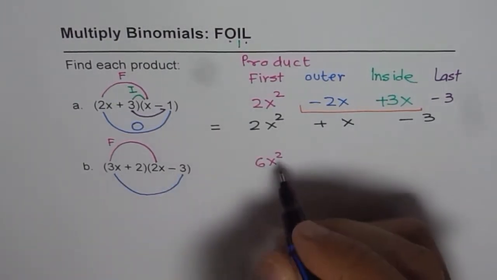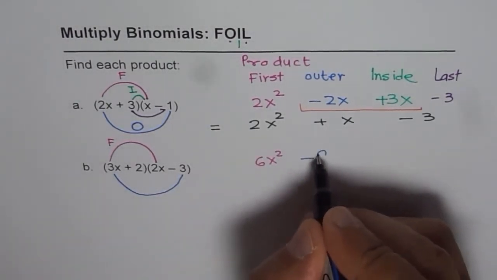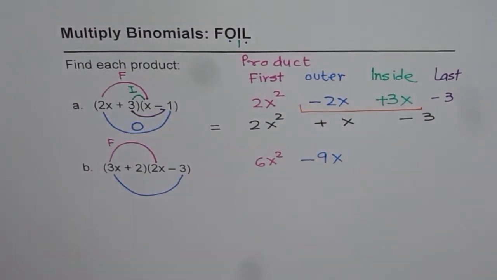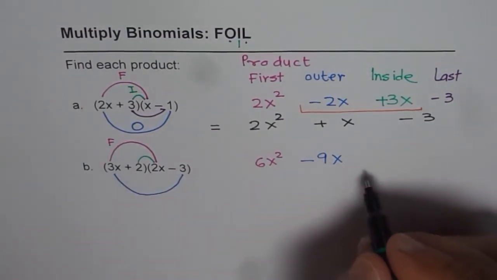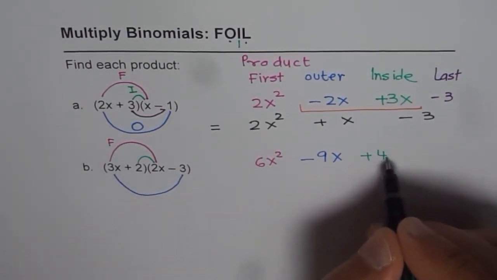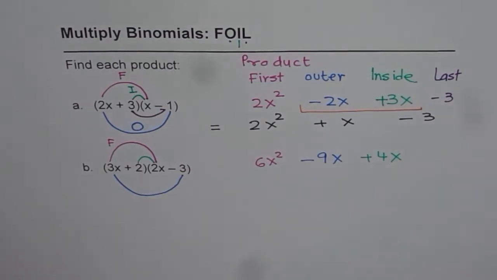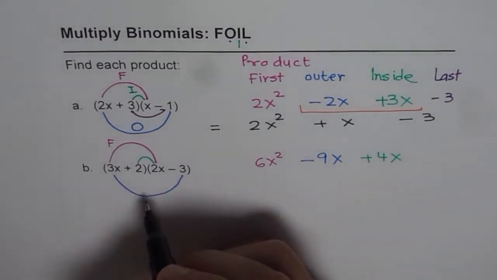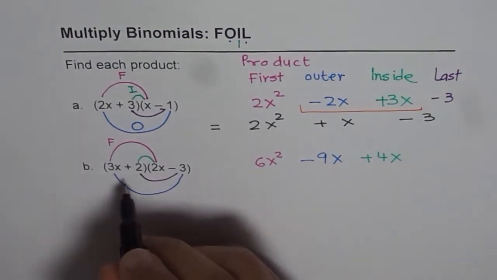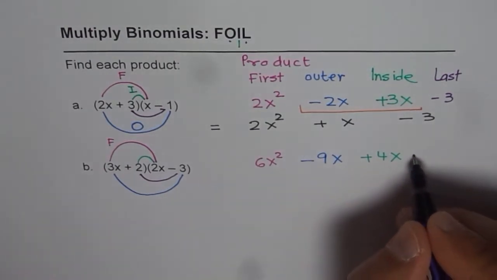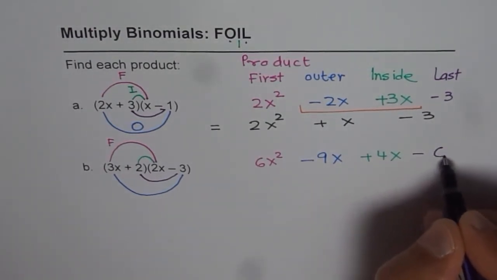So 3 times 3 is 9 with a minus sign and x. And then we have inside terms, I. 2 times 2 is 4, so we have plus 4x. And then the last terms, 2 times minus 3. So negative sign, and 2 times 3 is 6.